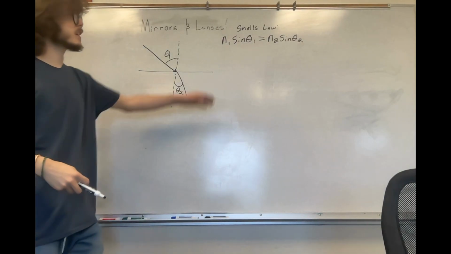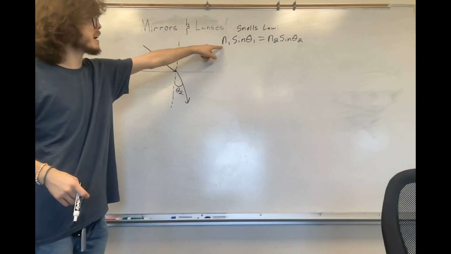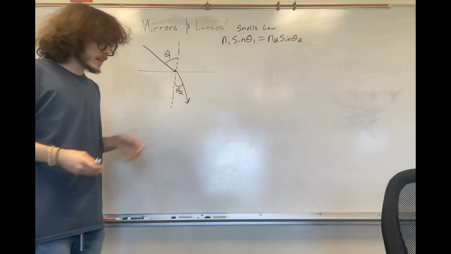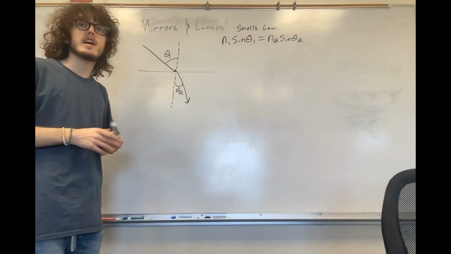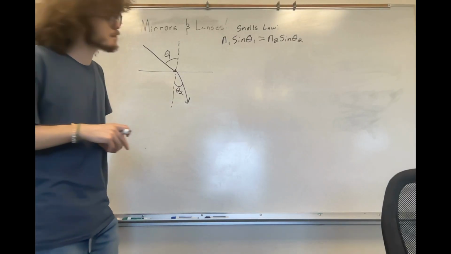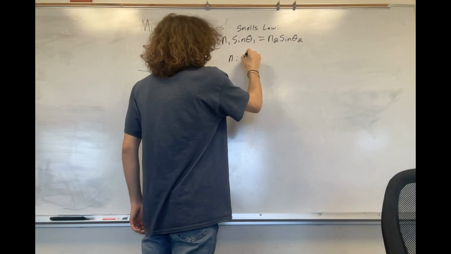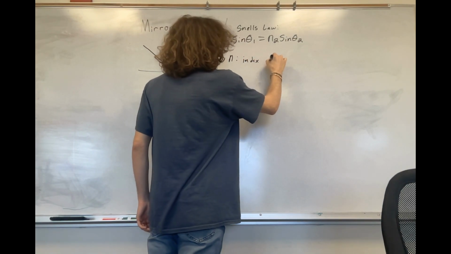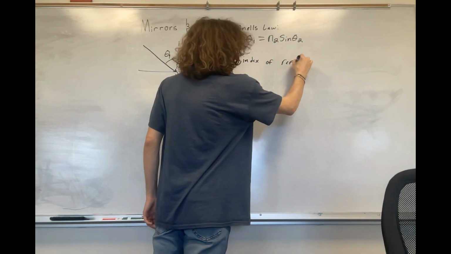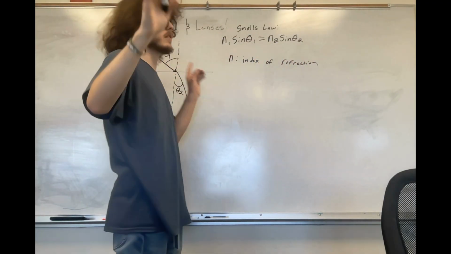Very, very important that we understand this, but to understand this, we need to know what this n value is. Now, when you enter a thicker medium, light slows down, and it's described by this value n, which is the index of refraction. Oh goodness, I was saying diffraction, refraction.